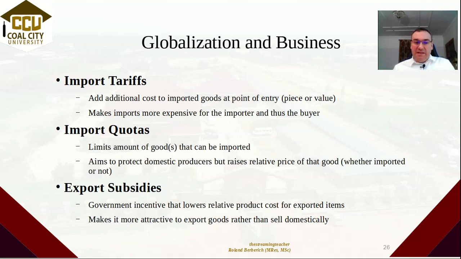What that does, it channels production into export-oriented industry sectors rather than domestic consumption-oriented production sectors.